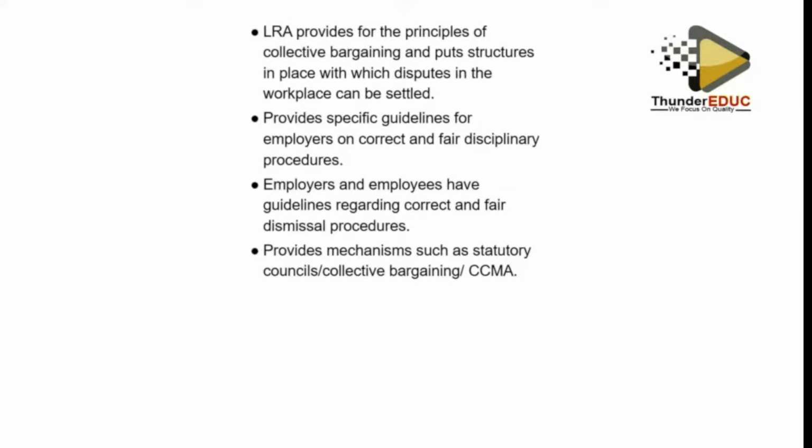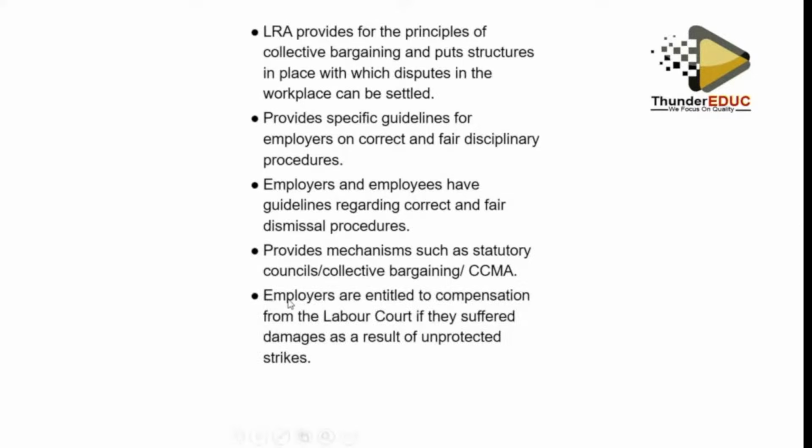So now moving on to another aspect, we are saying that employers are entitled to compensation from the labor court if they suffered damages as a result of unprotected strikes. So remember, sometimes when strikes are taking place, you find that the management of that particular company gets affected or injured, and the property in the same manner gets damaged.